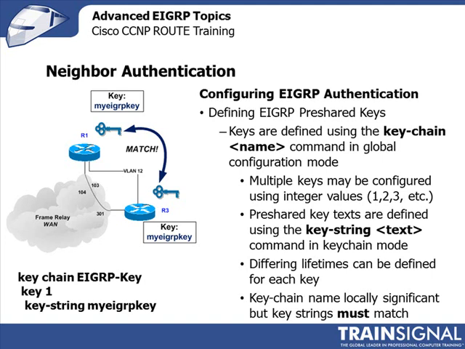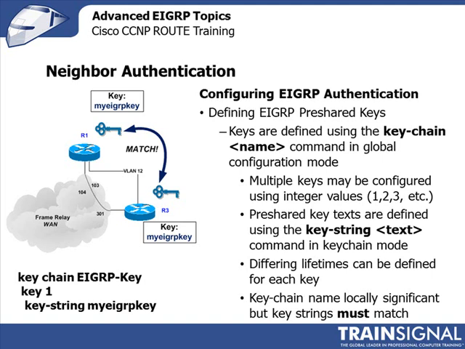It's very similar to what you'd see when you create encryption keys for wireless access points and so forth. But the pre-shared keys are defined with the key-string text, which you see here under key 1, key-string myEIGRP key, not an imaginative name, but very simple and straightforward. And that's under key chain configuration mode.